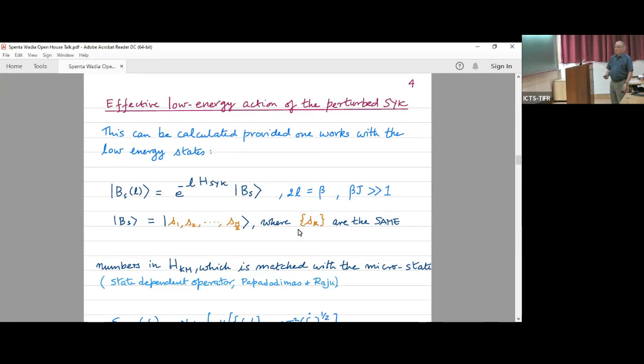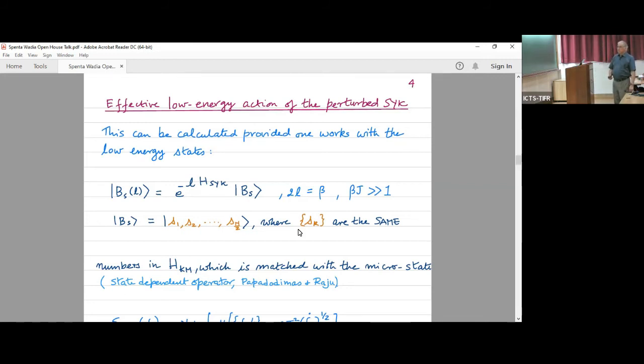Okay. These are the basic states you can form in the SYK model. Then you have a low energy projection, actually, where 2L is beta. This is also very standard stuff. And we are working in the regime, and this is very important, that beta J is much, much greater than 1. All right, that's why this projection really projects you onto low energies in this problem.